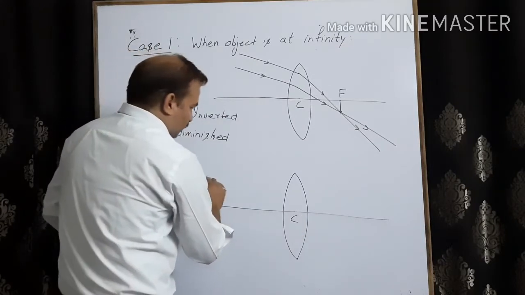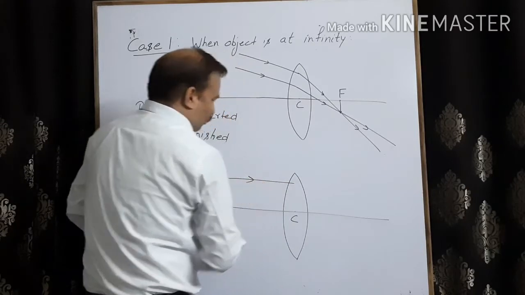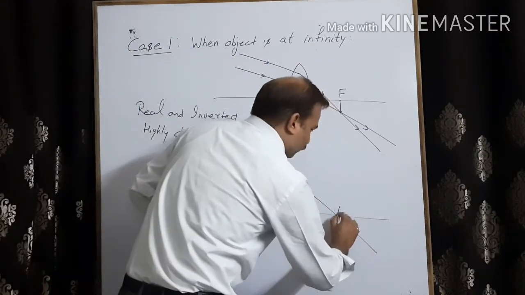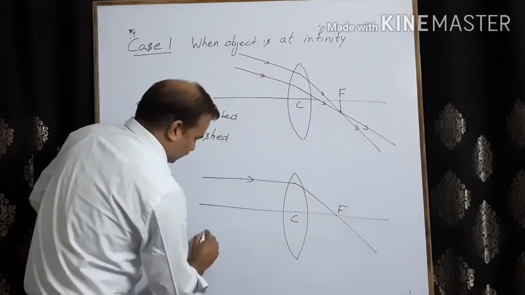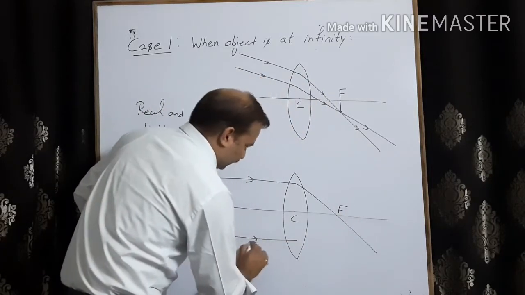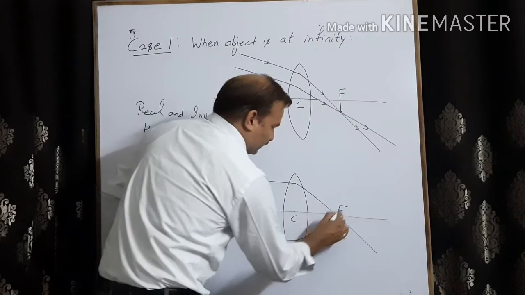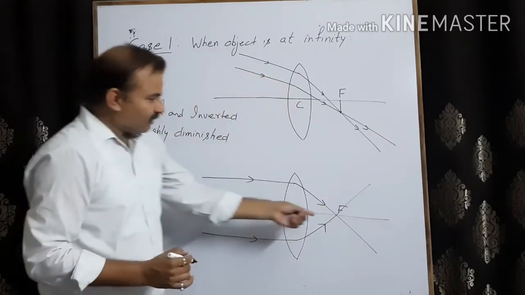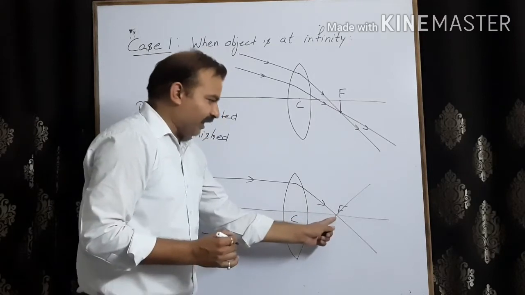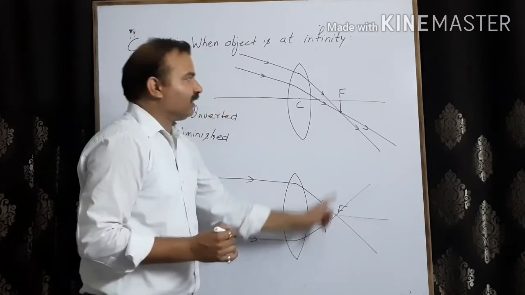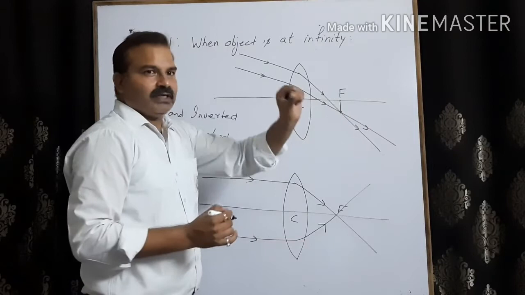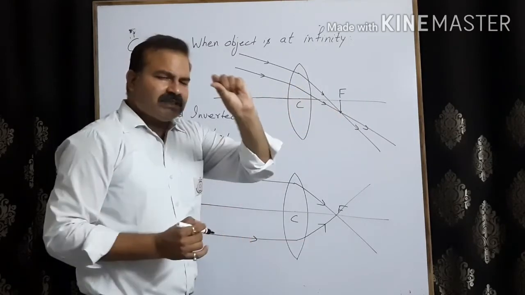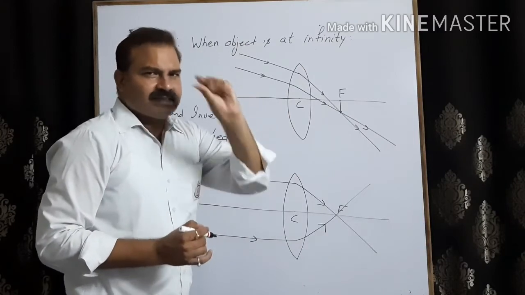Now, let this be one parallel line which after refraction passes through the focus, and this is the second parallel line passing through the focus. Now, in this case, the image is highly diminished and again is at the focus. This image is also at the focus, but slightly below. Fine. It is of very small size.